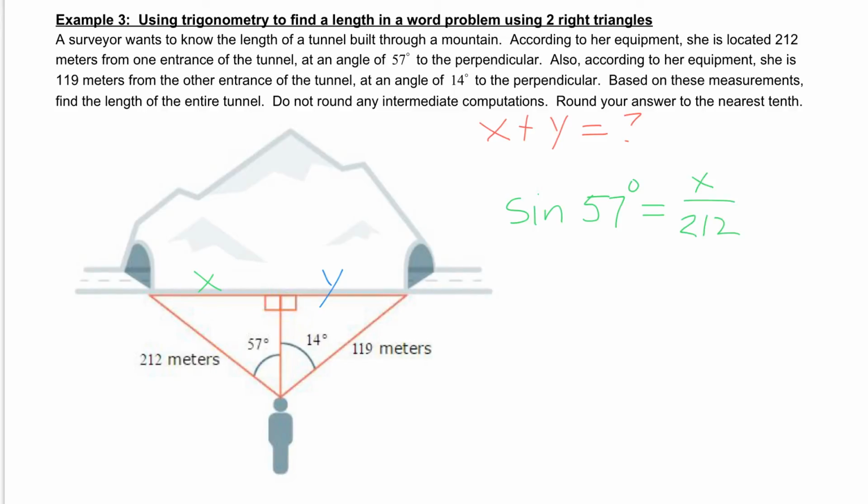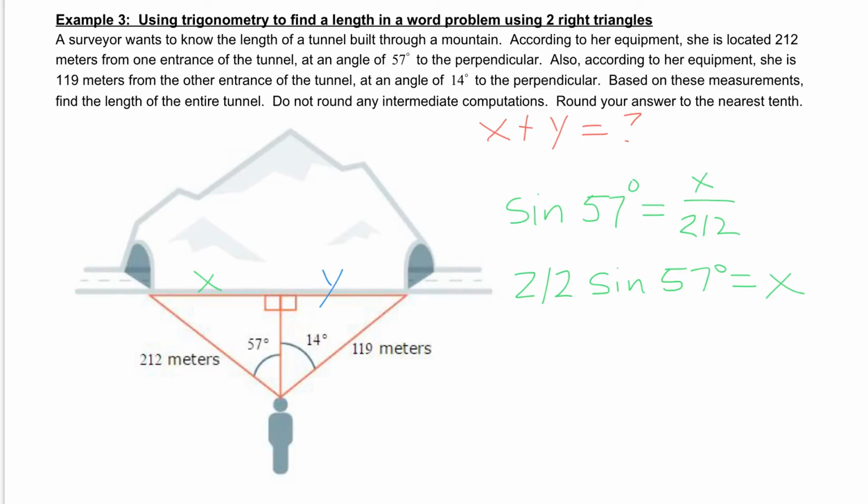And then to solve for X, we just need to multiply both sides by 212. And we get 212 times the sine of 57 degrees is equal to X. Now we're not going to plug that into our calculators just yet, because it does say not to round any intermediate computations. So we're going to wait till the end to plug everything in at once.